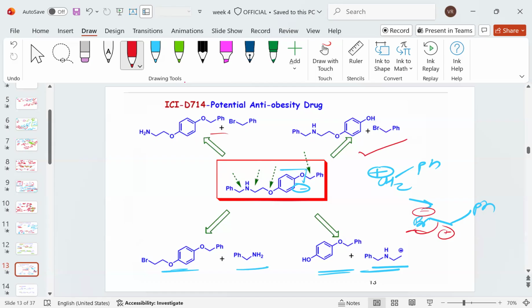If you look here also, this is again PhCH2, this is positive, and this part negative. So upon doing the disconnection here, this is also a logically correct disconnection.